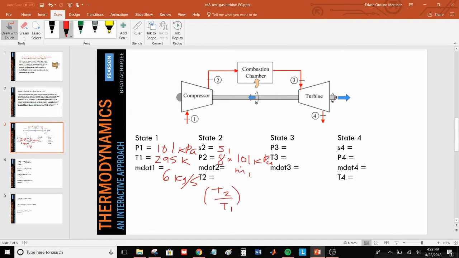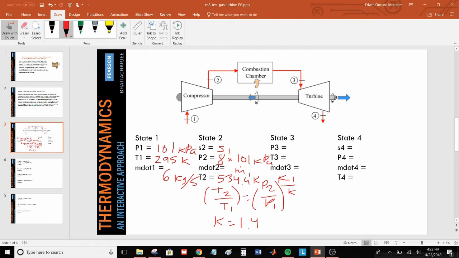T2 over T1 is equal to P2 over P1 to the K minus 1 over K, where K is 1.4 for air. And when we plug in our numbers, temperature 2 is 534.4 Kelvin.